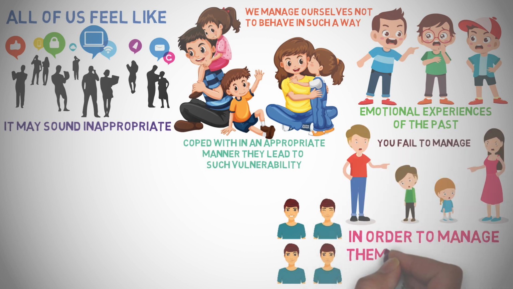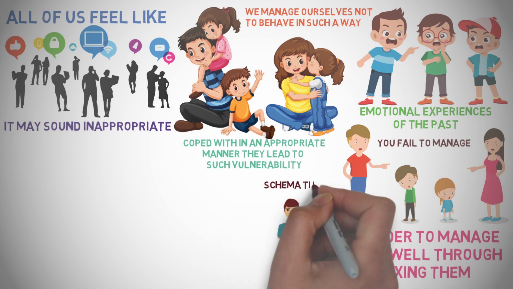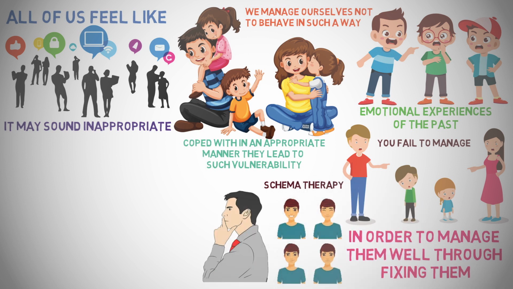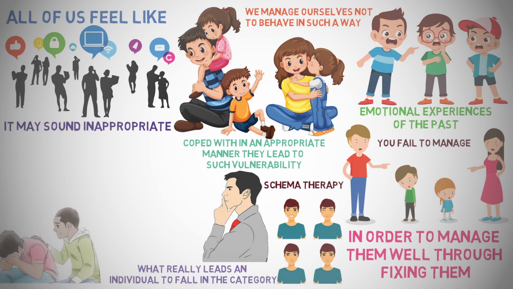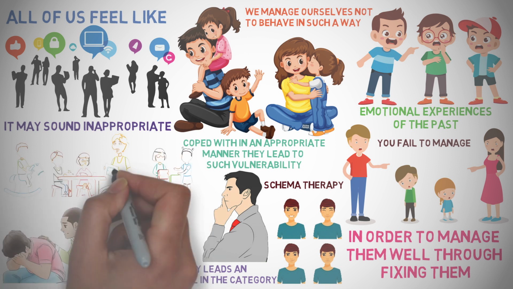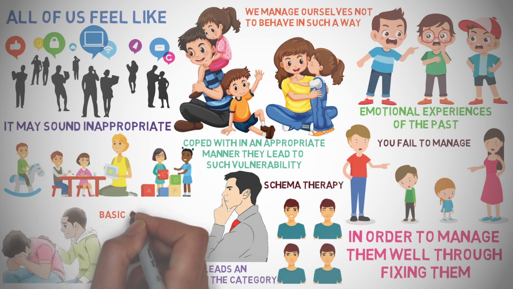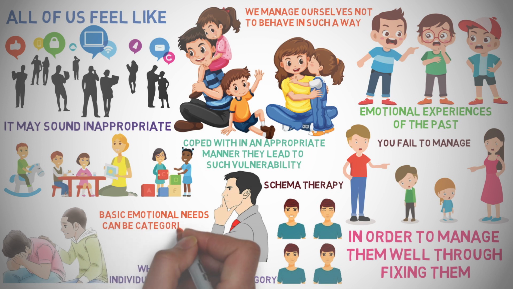In order to manage them well through fixing them up with schema therapy, it is important that we understand what really leads an individual to fall in the category. It is triggered when you experience deprivation with respect to the basic emotional needs in your childhood. Basic emotional needs can be categorized in the following ways. 1.